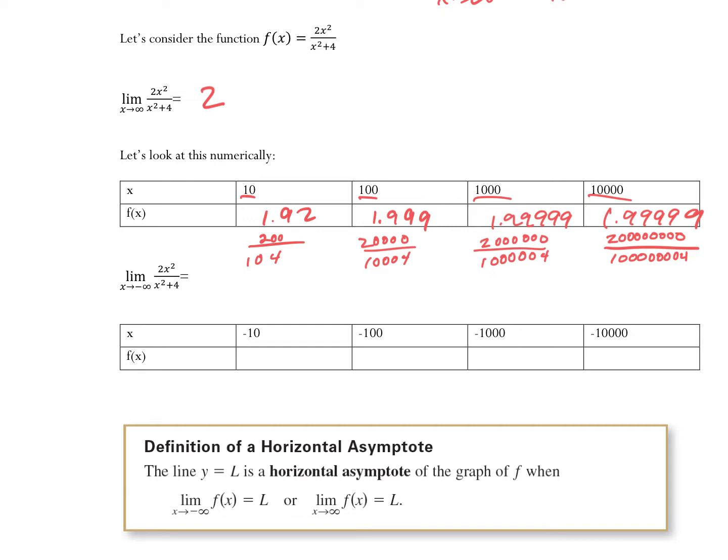You with me? And in reality, we can look at this as 2x squared over x squared. Is this okay? It turns out that when we're talking about x approaching infinity, only those lead terms tend to be really important. Because that 4 is meaningless when I'm plugging in x equals 1,000. Is this okay?